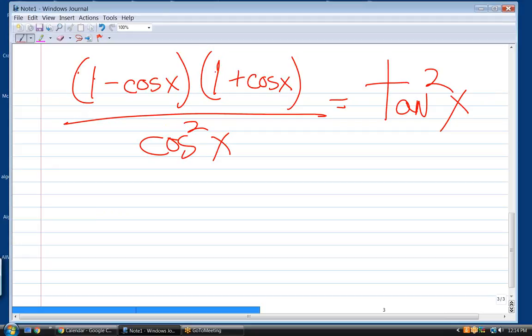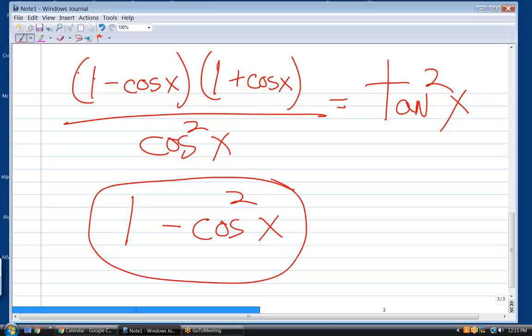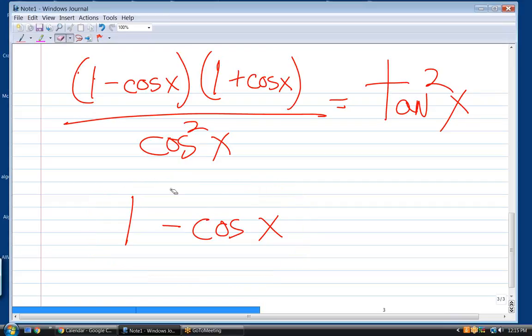And you only have the 1 squared minus the second squared. So the top always is going to turn into that. 1 minus cosine squared. In other words, if I said factor that, that's difference of perfect squares, factors into 1 minus cosine x times 1 plus cosine x. Well, the trick is to recognize it in reverse so that you can put it together quickly.